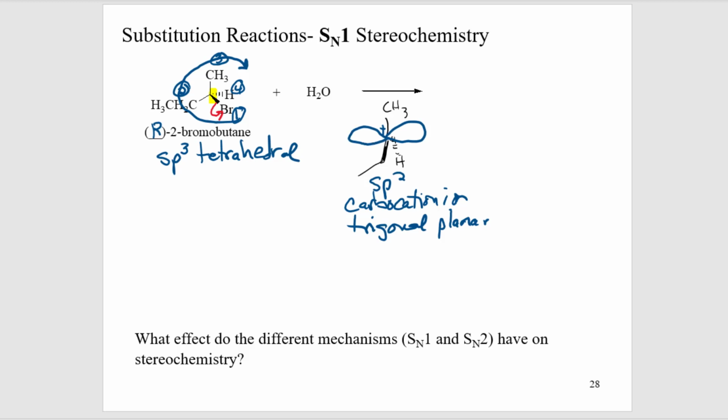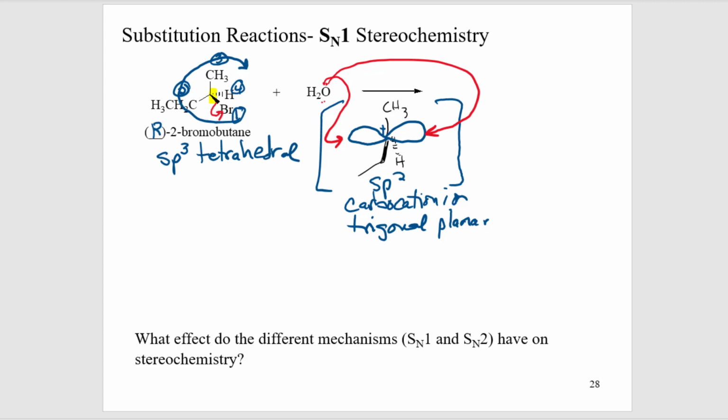So this being the carbocation intermediate, in the second step, the water attacks. I have equal opportunity to attack from one lobe or from the other, front or backside attack.